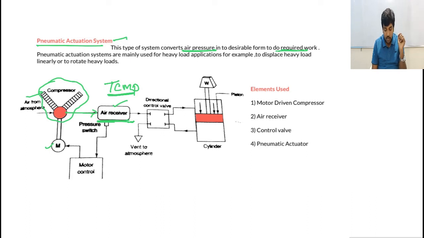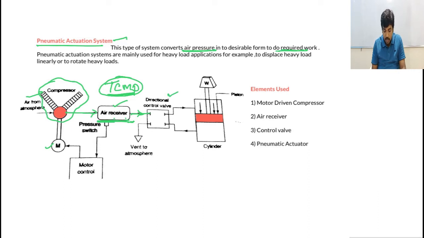So we need to keep an eye on the temperature. The air receiver regulates the pressure of the air, and it also checks whether the temperature is changing or not, and what temperature it should be. All these things will be decided by the air receiver, and once it does its job, the air will be sent into the directional control valve again.